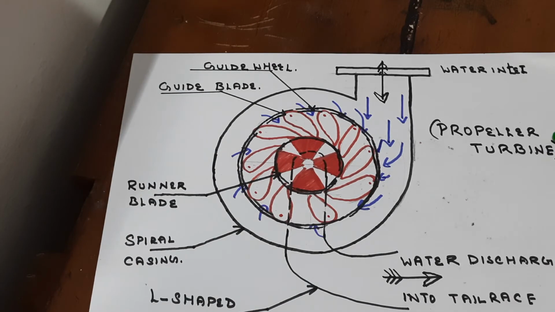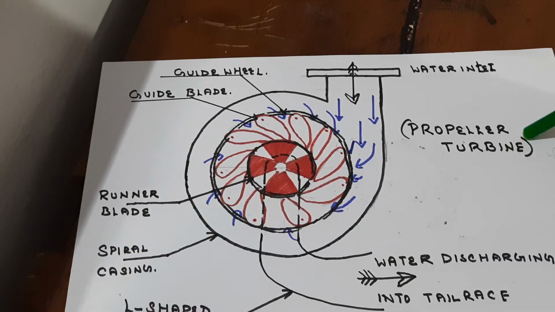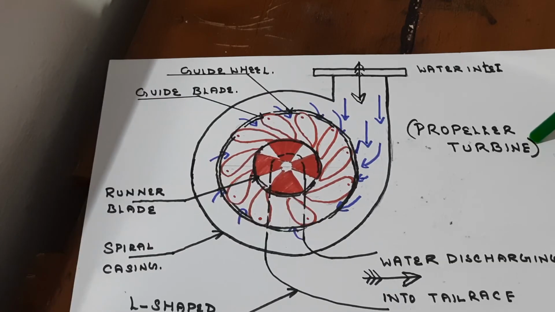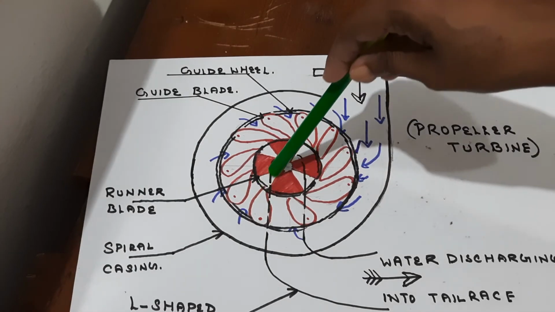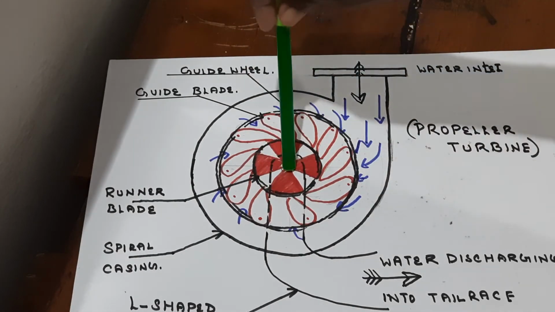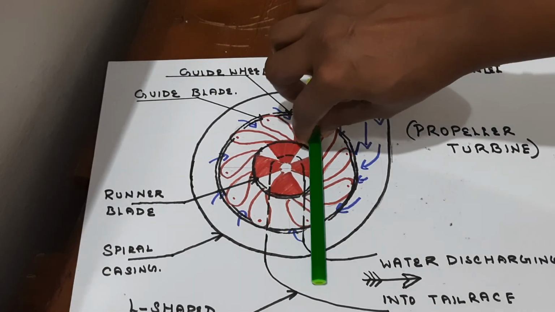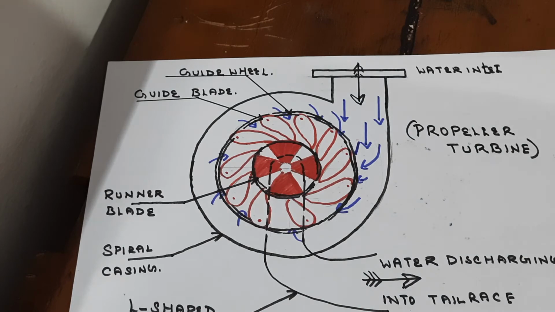Propeller turbines are mainly used in ships, but here the runner vanes are not adjustable, whereas for Kaplan turbine the runner vanes are adjustable. So this is how the working process goes. Hope you understood. The term axial means the water flows axially. So this is a shaft, the water flows from here, and it moves through the draft tube. So hope you have understood.